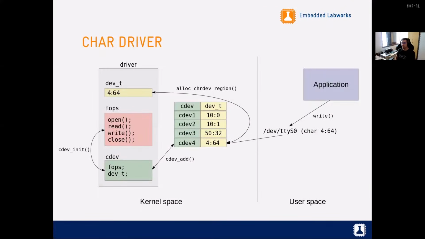It will check that this is a CHAR device. This is a file that points into a CHAR device, and then it will check for the major and minor, and then it will link to your driver. And your driver, the callbacks from your driver will be called.